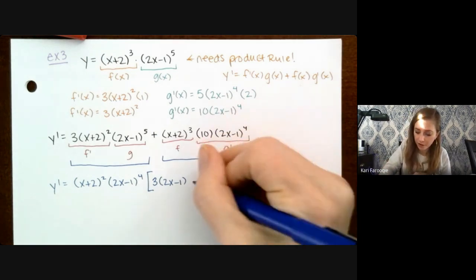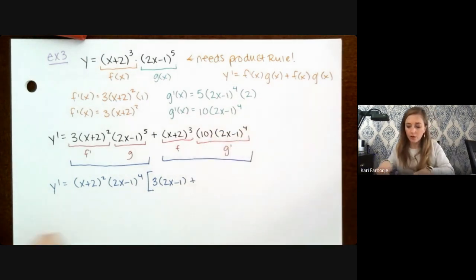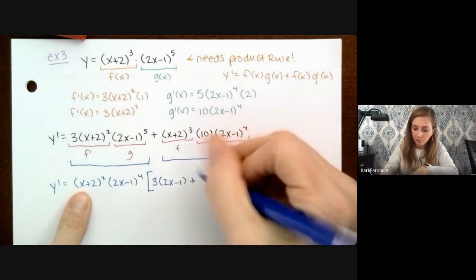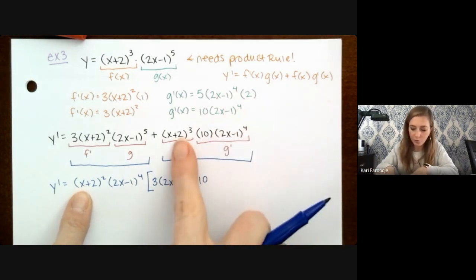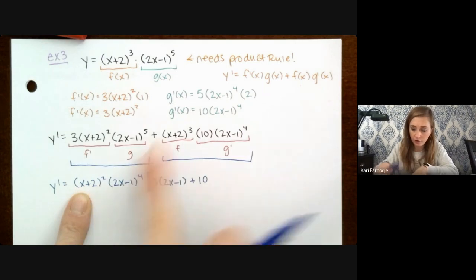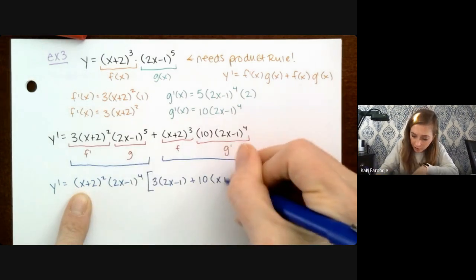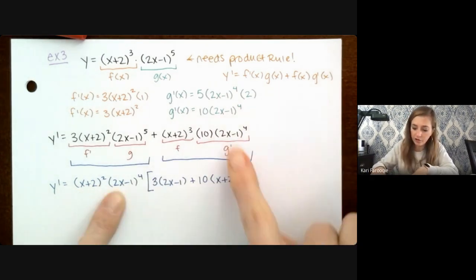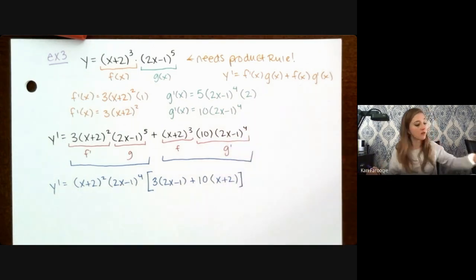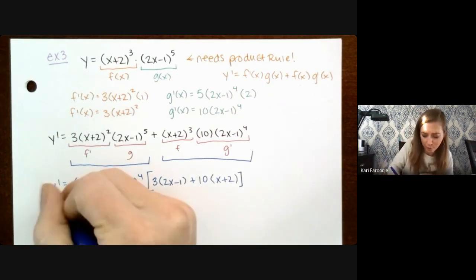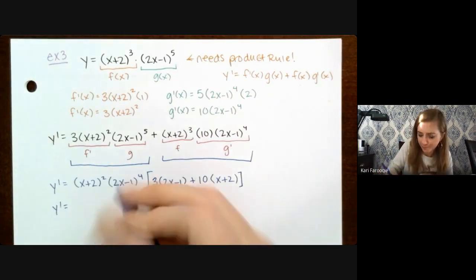And now I have plus, let's see, I have this 10, which I'm going to write in front just because we usually leave our constants in front. And then I have x plus 2 that I took out. I took out 2 of them. That still leaves me with 1 factor of x plus 2. And then I took out all of the 2x minus 1s. So this is almost done. I just want to do a little bit more simplifying inside the parentheses. But notice already how this is going to look so much nicer. Maybe you don't think so, but I think so.